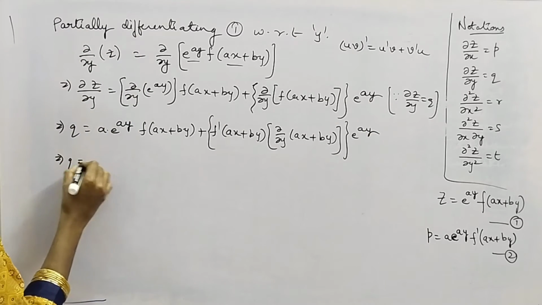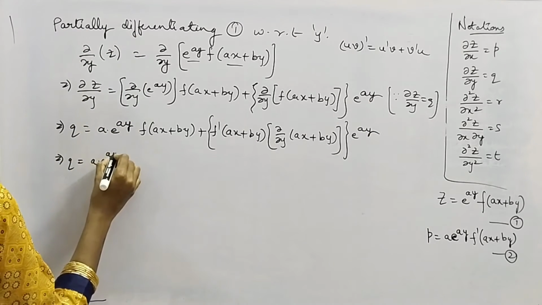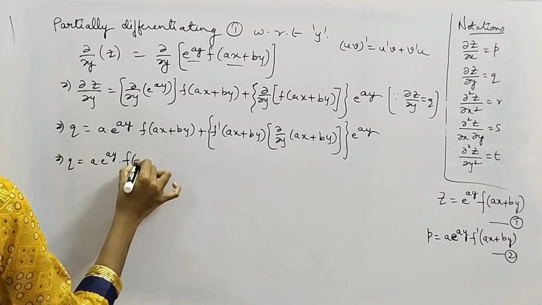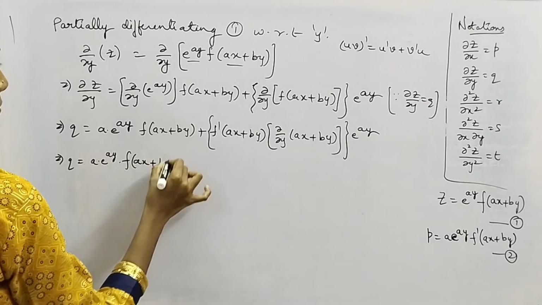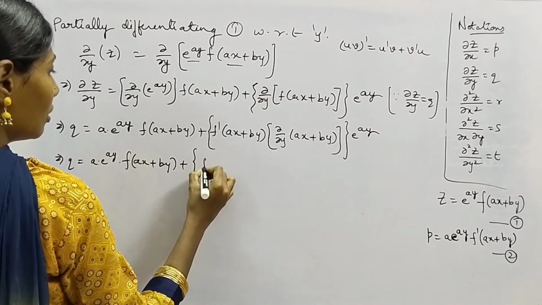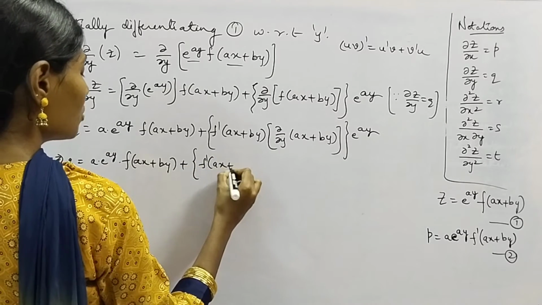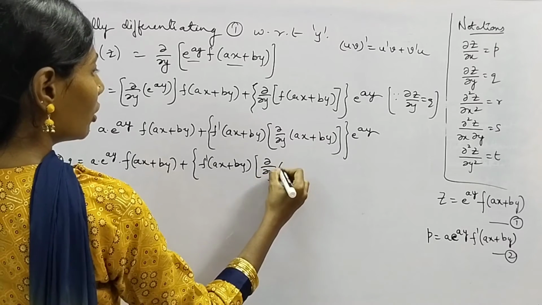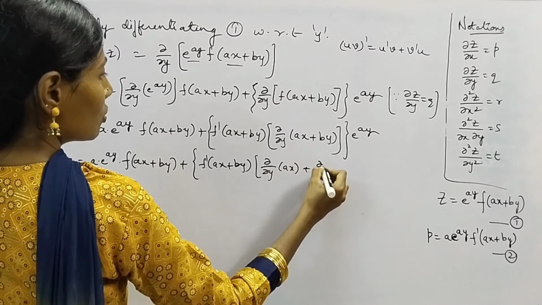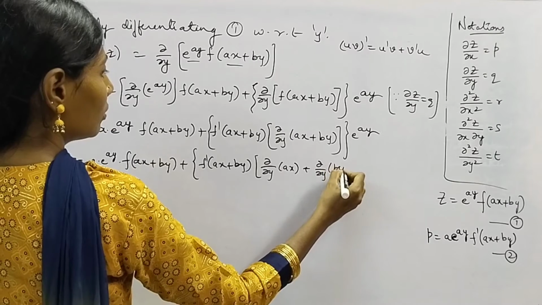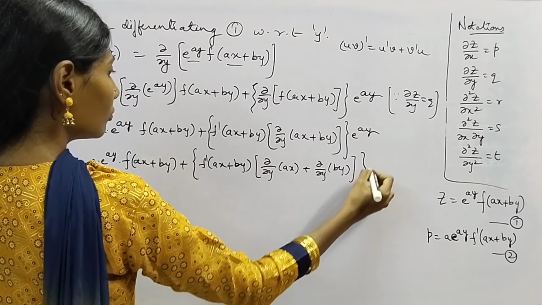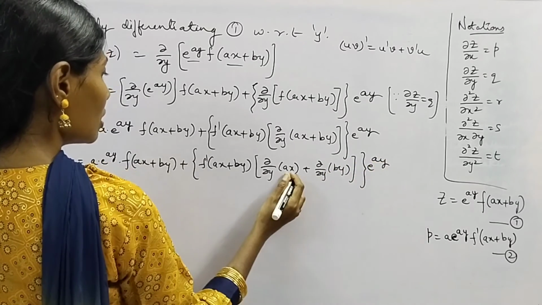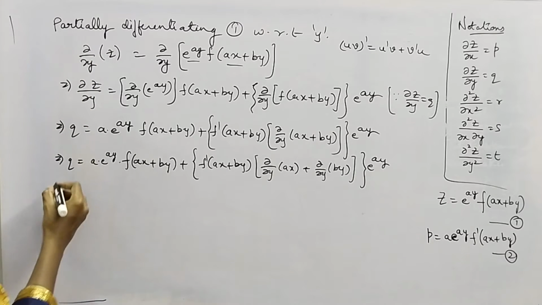This gives us q equal to a into e power ay into f of ax plus by plus f dash of ax plus by into the inner derivative dou by dou y of ax plus dou by dou y of by. See here, ax is constant.